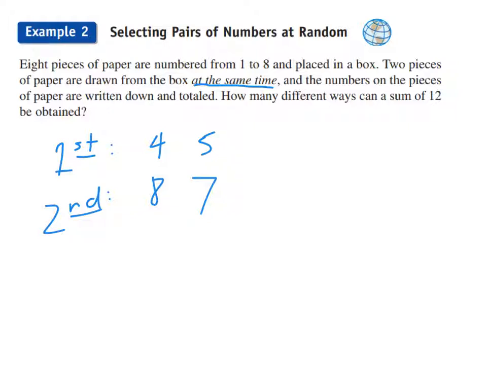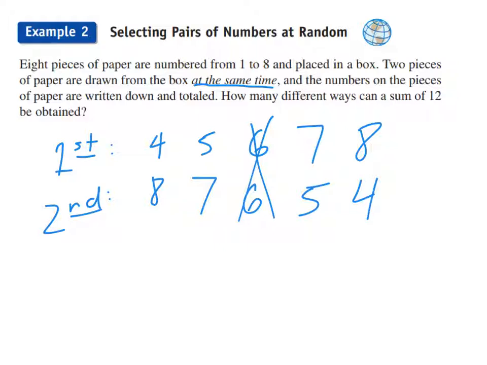Same with 5 and 7. What about that one? There's only one 6 in the box. And if I take the two at once, I can't get two 6s, so that is no longer a possibility. 7 and 5. And then 8 and 4, okay?